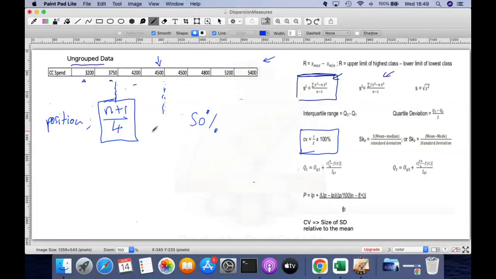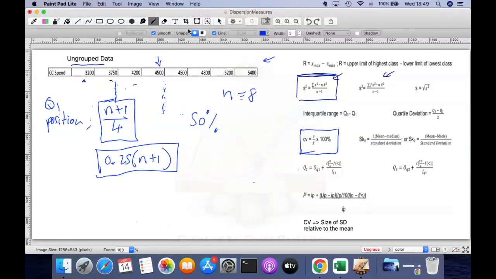If you want, you can remember it as 0.25, or 25%, times n plus 1. It's the same thing, and it's up to you how you want to remember it. So we're working out the Q1 position. There are n data points, so your n is 8.